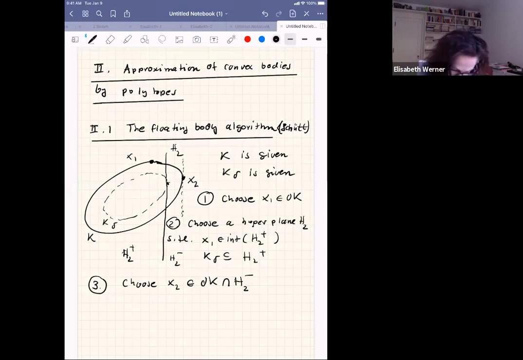I could also describe that by saying that the normal to K in x2 is also normal to the hyperplane H2. So that we do to get the x2, and then we continue the process.